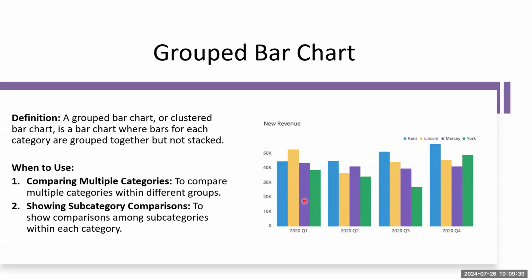Same for the other quarters. Because we are not interested in the total as a group, we can use the grouped bar chart here. So that is one key unique case or difference for this.